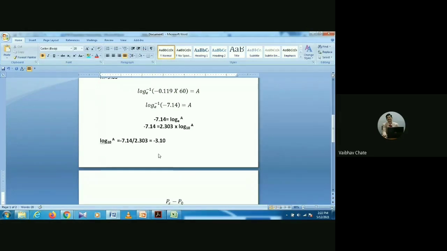Now you calculate what will happen to this particular factor. How much will you get now? That is, the A value.